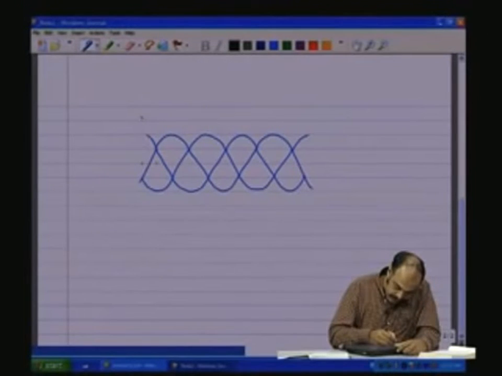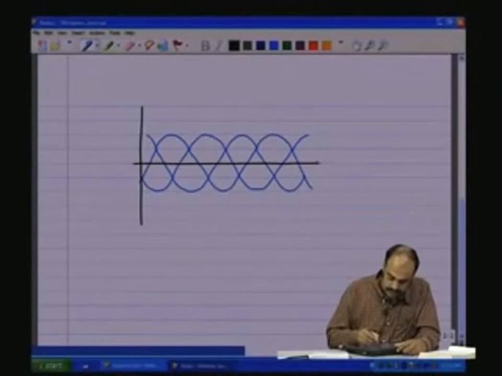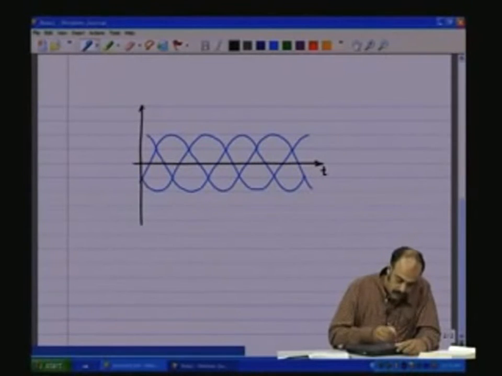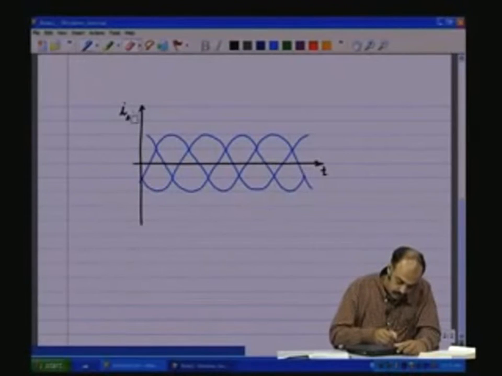So, let us say IA lags the line voltage by 30 degrees. This is time. These are the three-phase currents, the I's.